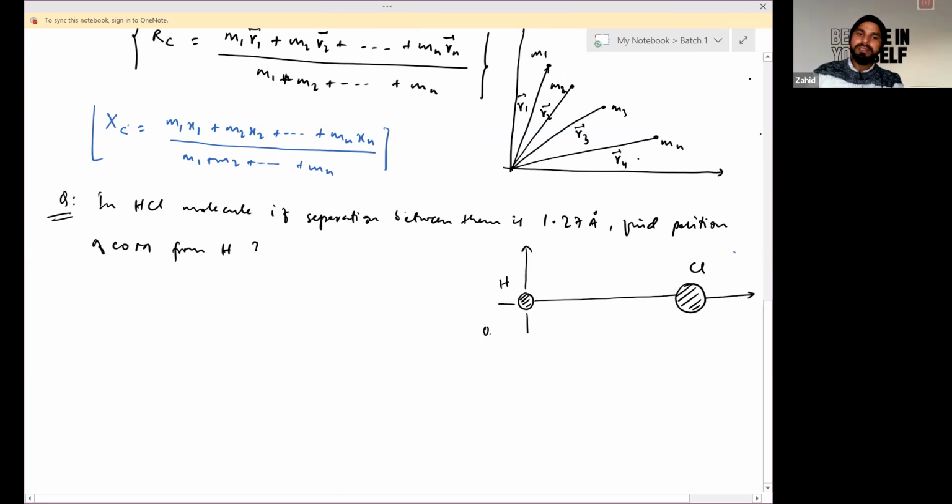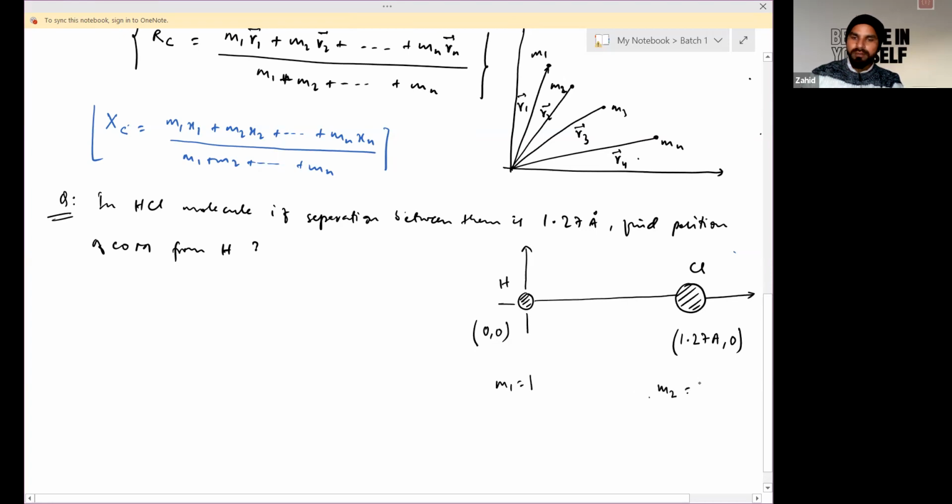Due to this representation, we may define the coordinates. For H, it will be 0, 0. Since chlorine is 1.27 angstrom away from hydrogen, its position would be 1.27 angstrom, 0. The mass of hydrogen, m1, is 1.